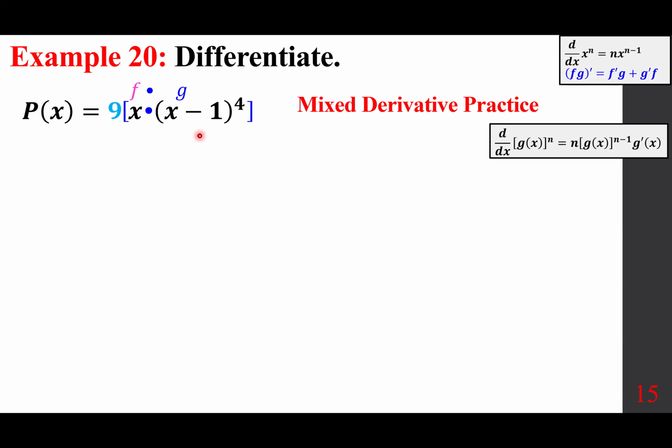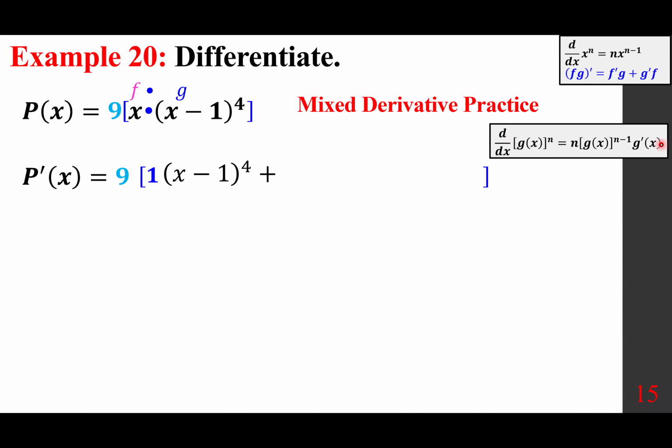To differentiate this, of course, we start with 9. So p prime of x is 9, f prime g plus g prime f. f prime is simply 1 times g of x, (x minus 1) to the power of 4, plus g prime.